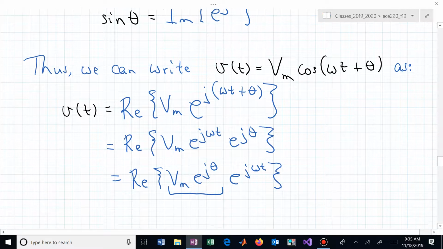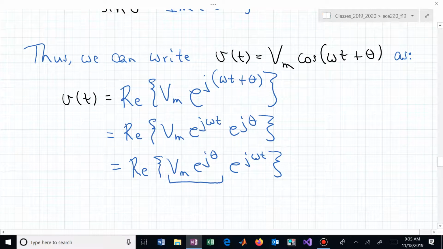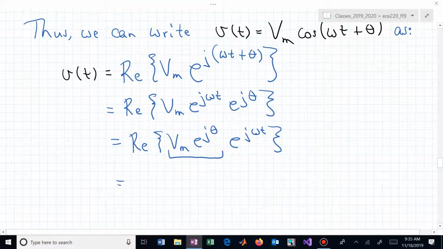So now we can collect this complex piece, v sub m e to the j theta, as a phasor. We're now going to say this is the real part of some, and now you'll have to keep me honest and say, is that the phasor or is that the magnitude?